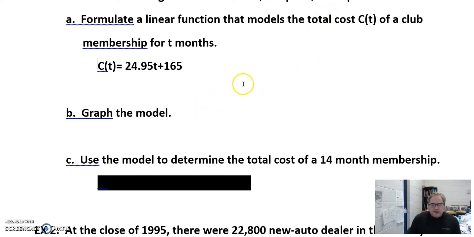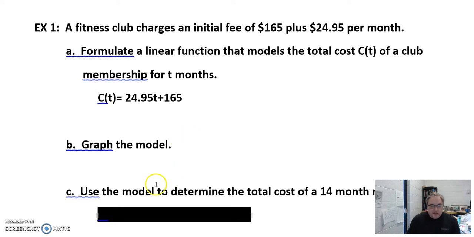So you can have an idea what this looks like. The line would be doing something like this, but I'm not worried about it. My MATLAB problems come out to be nicer numbers, so when you have to graph it in MATLAB, it's better.